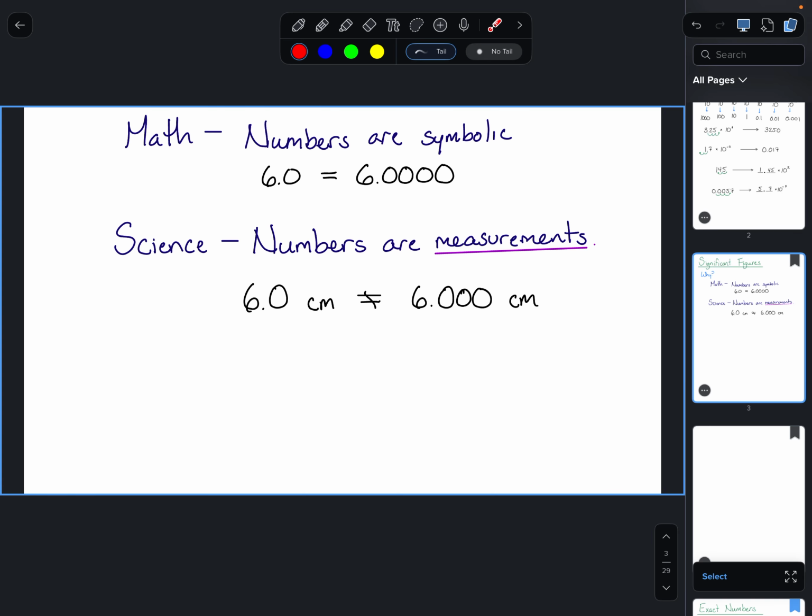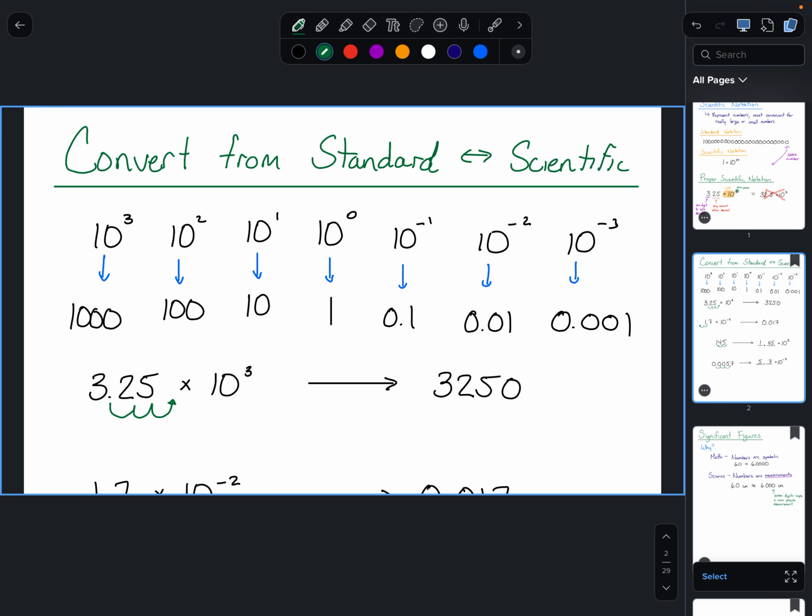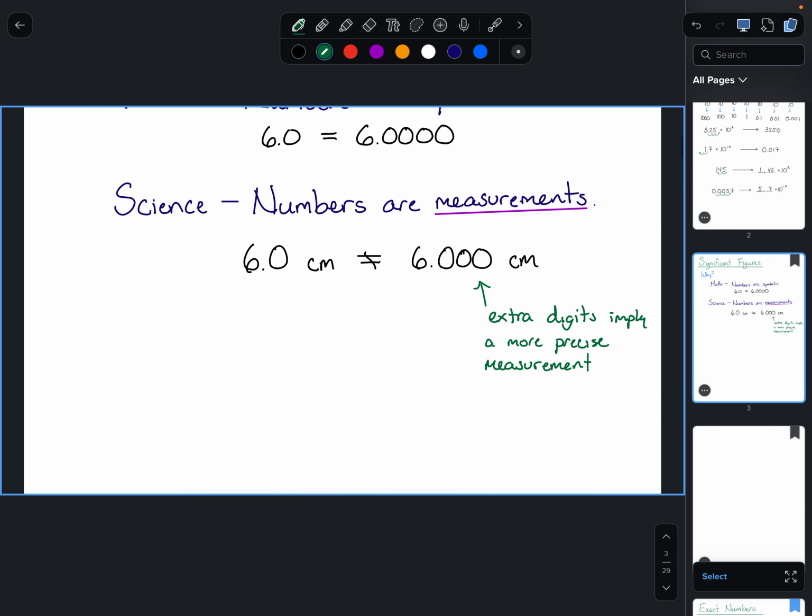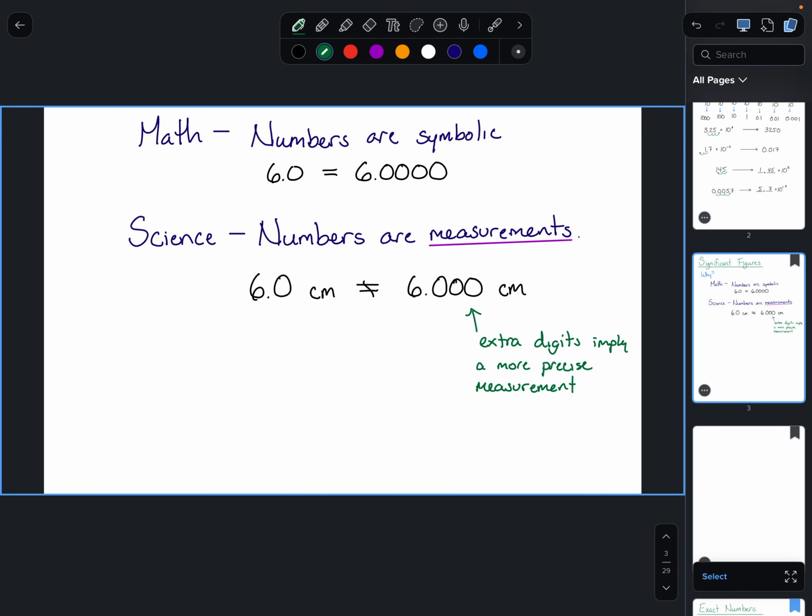All right, so the number of digits here, these extra digits, imply a more precise measurement. And the last thing you want to do in science is over-represent your precision.